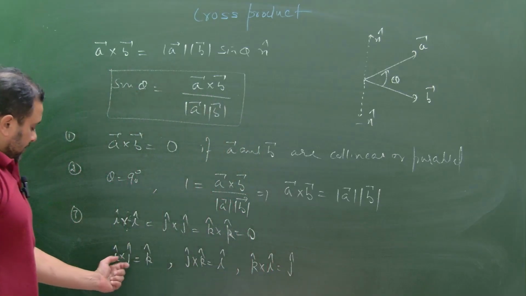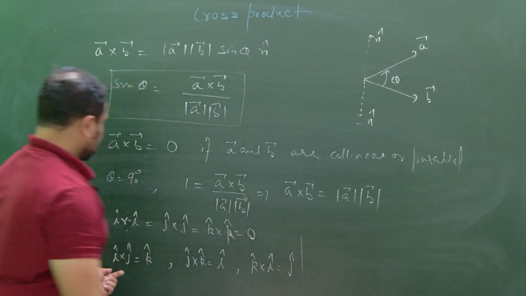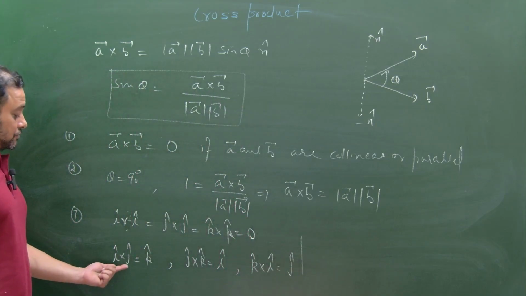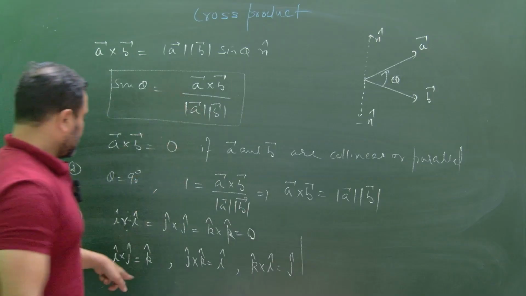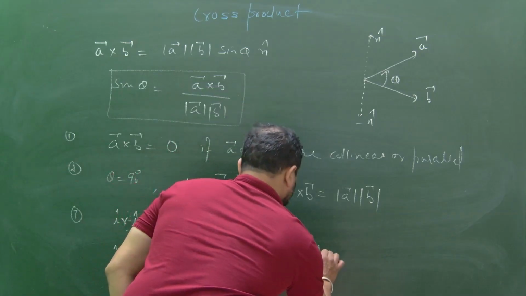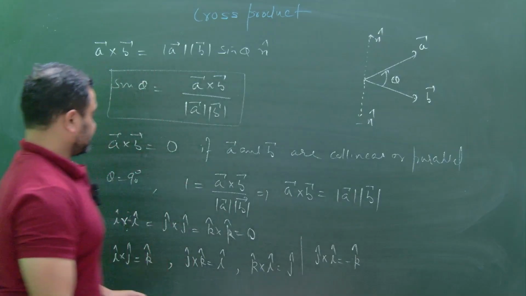And if we change the positions of i and j, like this is i cross j, if we do j cross i, it means the rotation gets changed. In that case, j cross i will come with a minus.